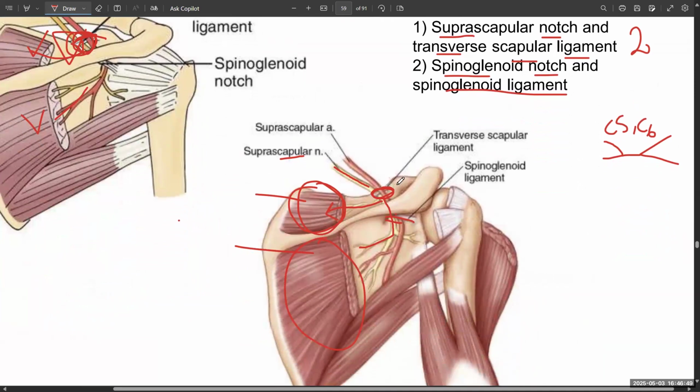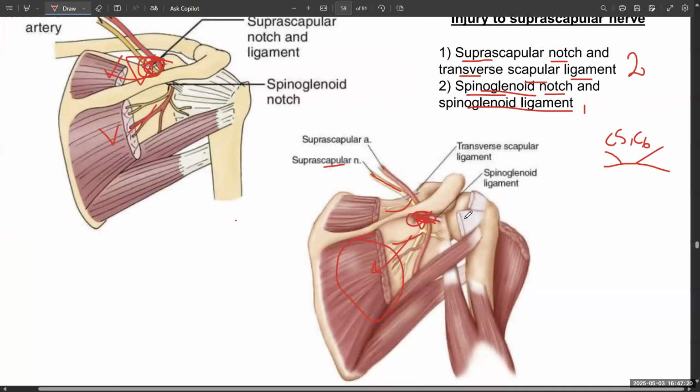And then if you have an injury at the second location, which is the location of the spinoglenoid notch, so over here somewhere, you're only going to affect the infraspinatus. So that's only one muscle, because before going through the spinoglenoid notch, it has already given branches to the supraspinatus. So it will not be affected if the lesion is more downstream. I hope this is clear.